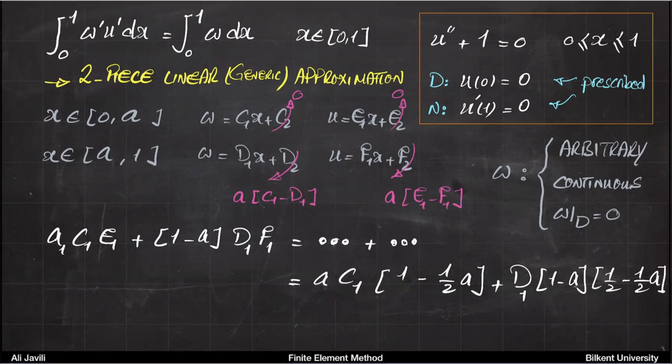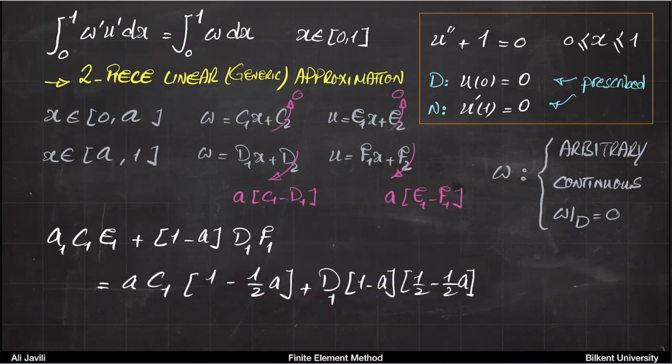As we have played this game many times now, we know the trick to solve this equation is to take into account that these coefficients C1 and D1 are arbitrary. So this thing holds for any C1 and D1. And from that, you can solve the coefficients.